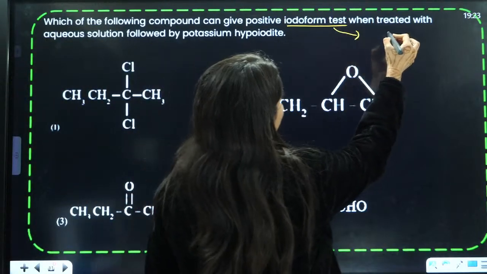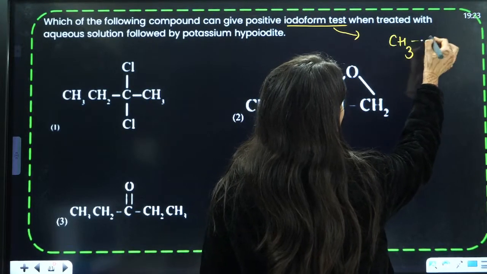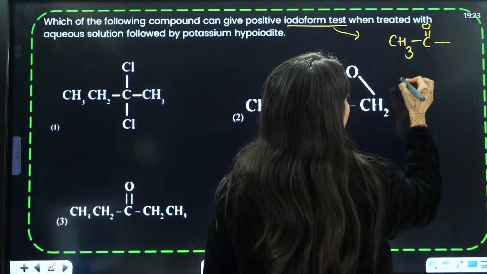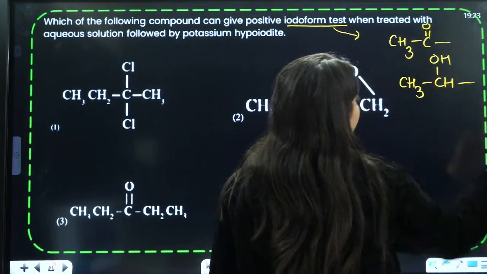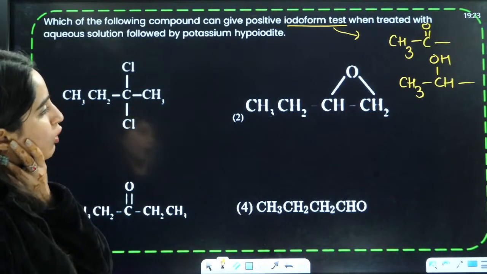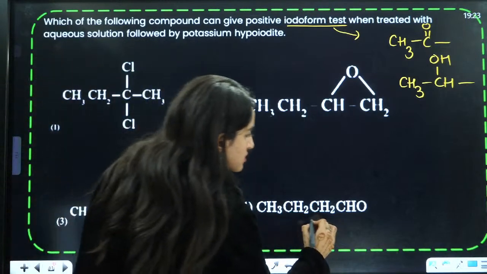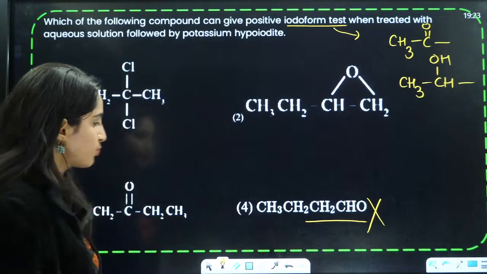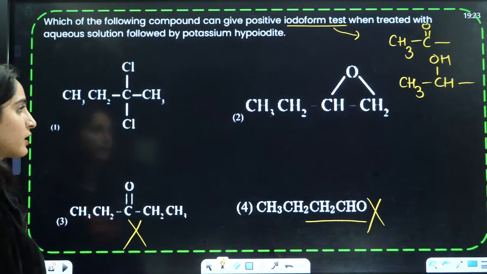That means you need to have either CH3-C=O, or you need to have CH3-CHOH. These are the two things that you need to have, right? So if you talk about the epoxide, if you talk about this aldehyde, there is no CH3-CH2 group, CHO group. If you talk about this one, here also you don't have a CH3-CO group. This is also not the correct answer.